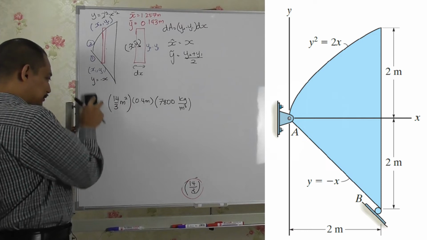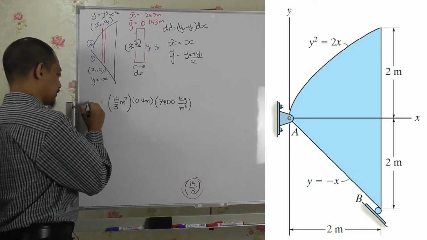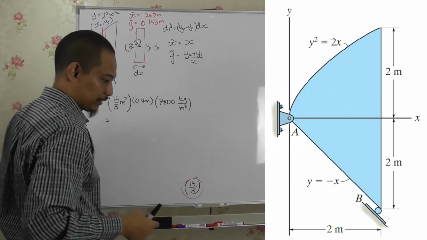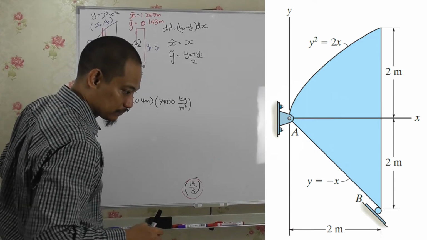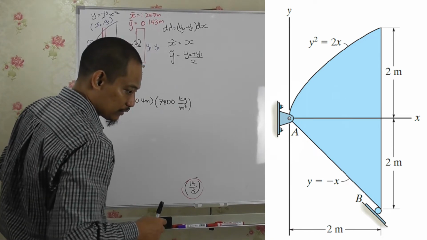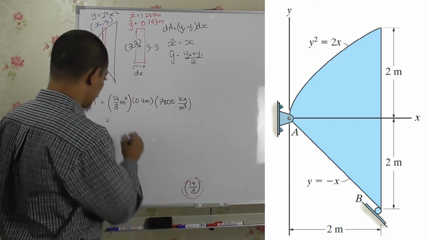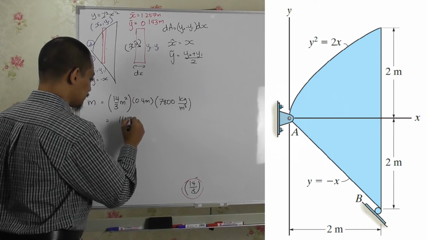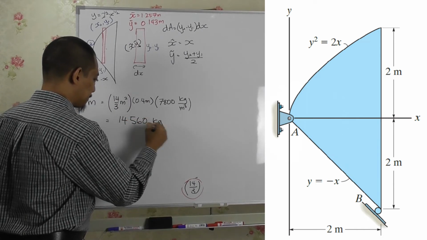Let's do one by one. This is mass first, so you get a value in kilogram: 14,560 kilogram.